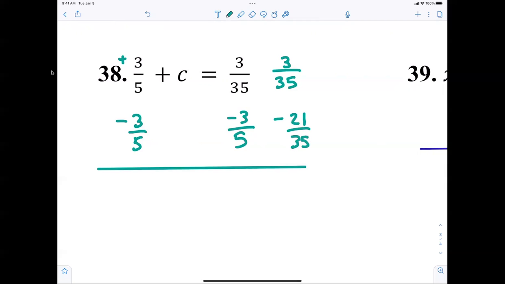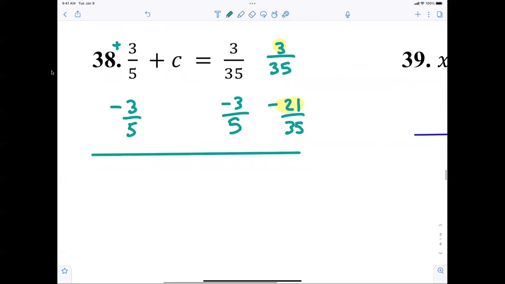Now, are you adding or subtracting these? We need to subtract these two numbers. And what do I get? 18, right? But is it positive or negative? Because 21 is bigger than the 13, we know it's negative 18 over 35.